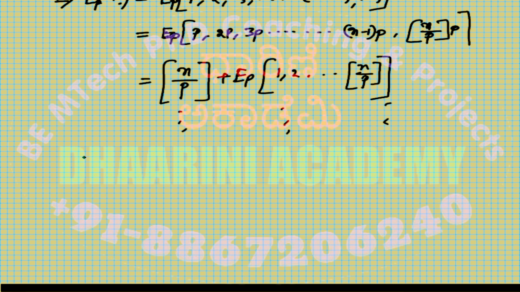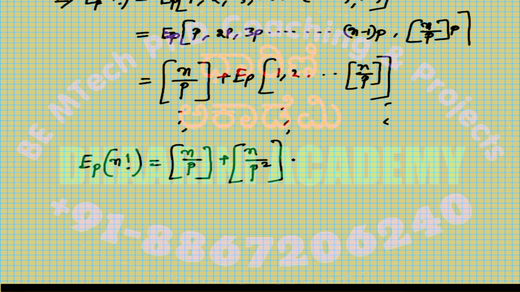So the final answer, if we want to find EP of n factorial, is simply n/p plus n/p squared plus n/p cube. Every time you calculate the largest integer.